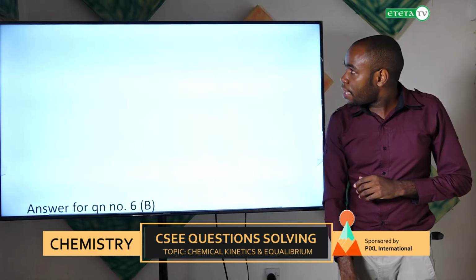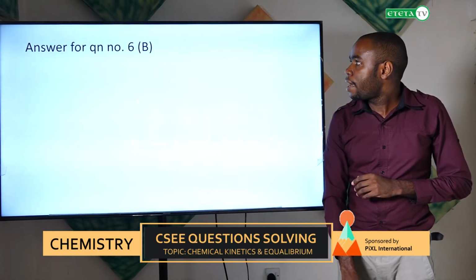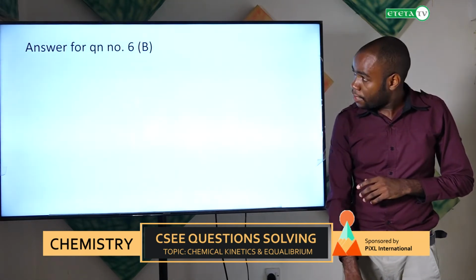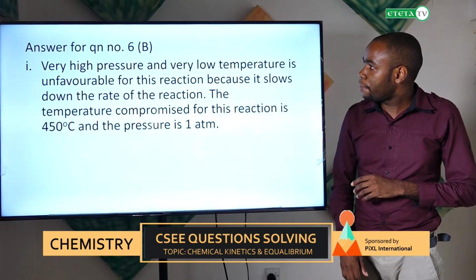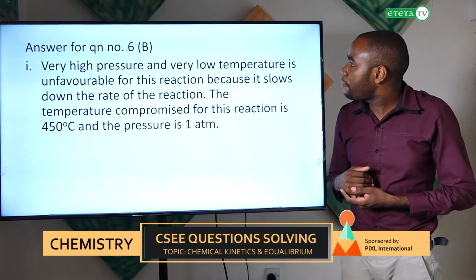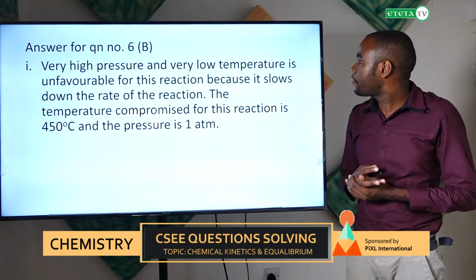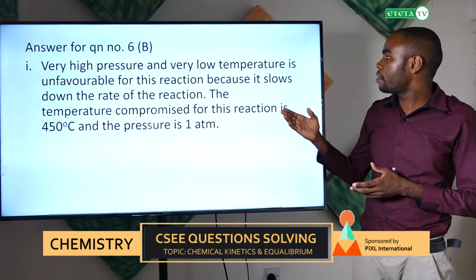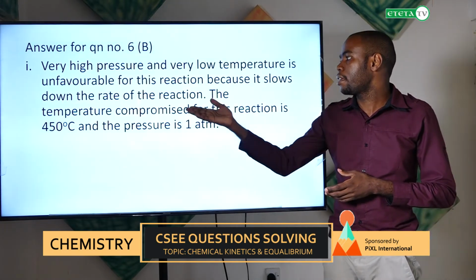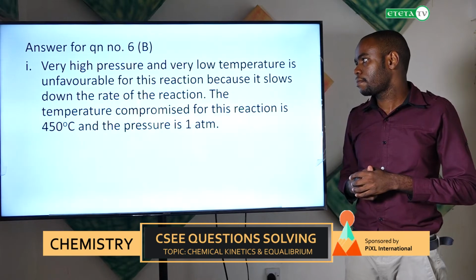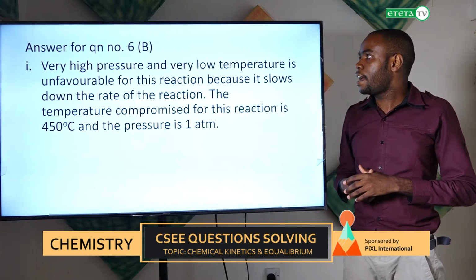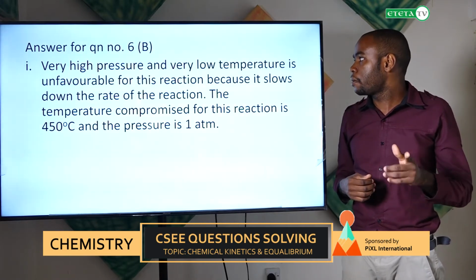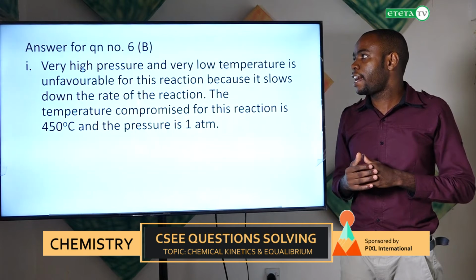Now, the answer for question number 6b, Roman 1: very high pressure and very low temperature is unfavorable for this reaction. Why? This is because it slows down the rate of the reaction. As we have seen, this reaction works under low temperature and high pressure.